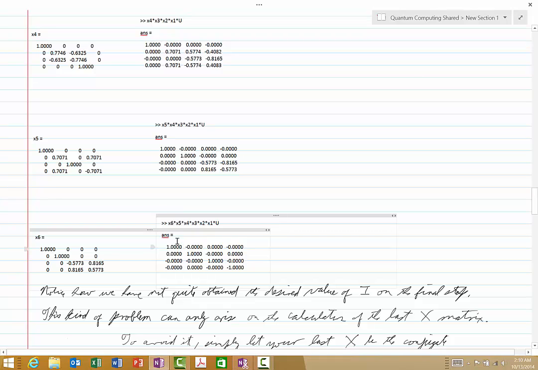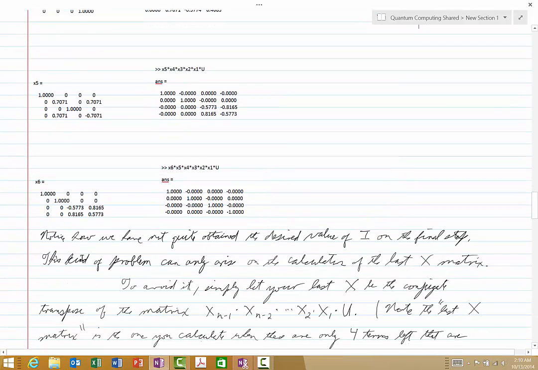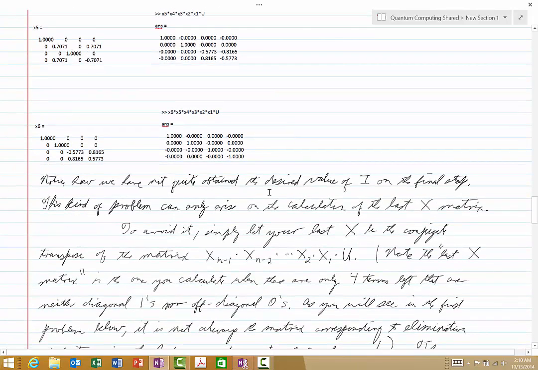In fact, it is the identity matrix in every entry except for the last entry, and here where we want a 1, instead we have -1. And so notice how we have not quite obtained the desired value of I on the final step. This kind of problem can only arise on the calculation of the last X matrix.